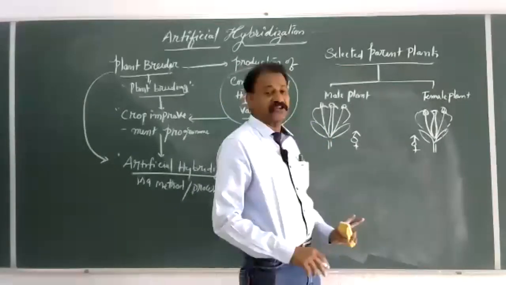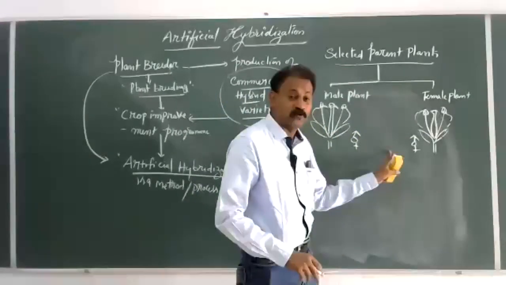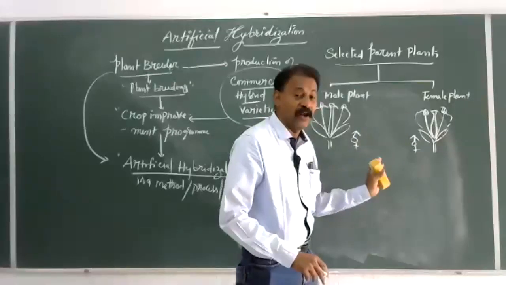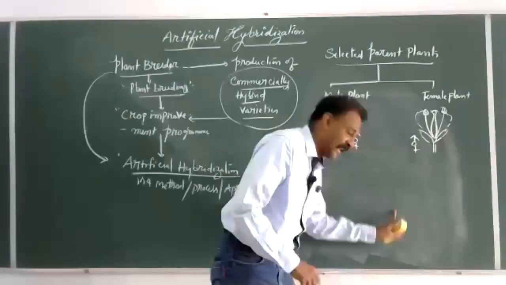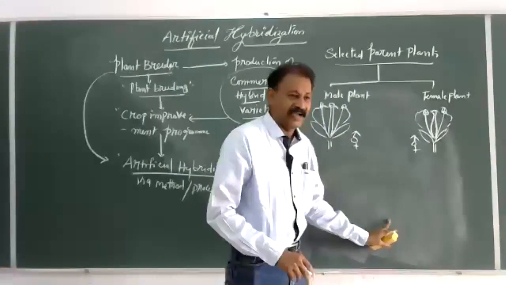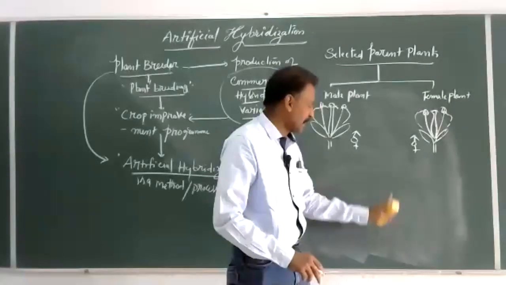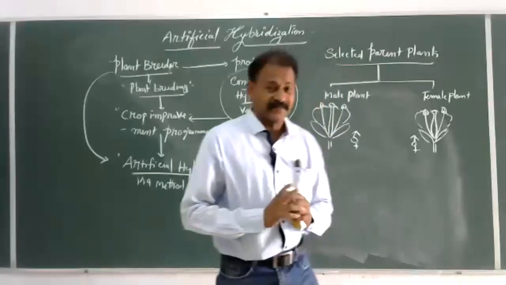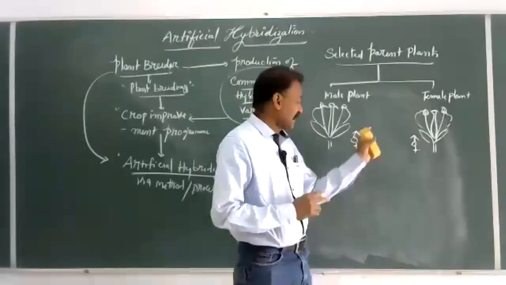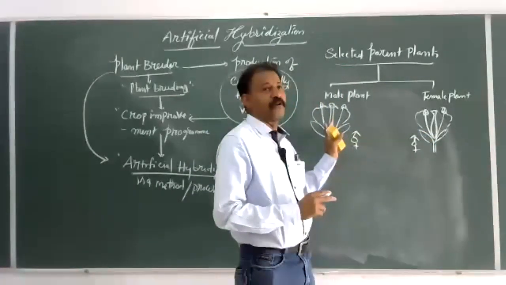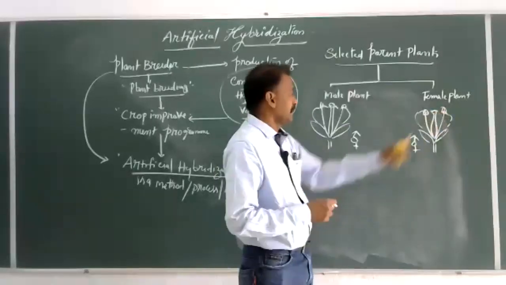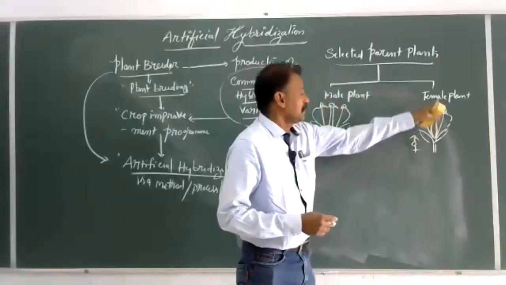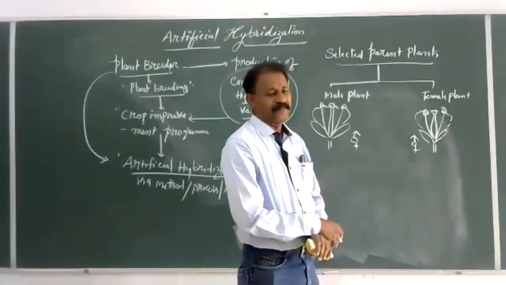Our expectation is that we will cross these to get the maximum possible good qualities in a single plant, which is called a hybrid plant. That's why we do this wantedly: desirable pollen, male, and desirable pistil, female.